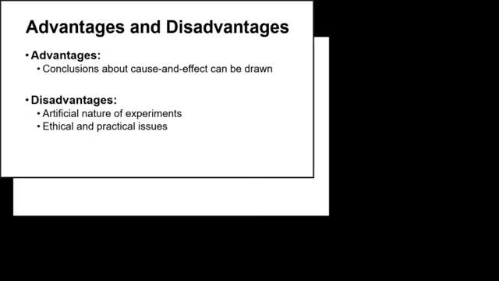There are also some ethical and practical issues with experiments. There are some things that you cannot assign people to, and there are some things that you should not assign people to. So, for example, you cannot assign certain children to grow up malnourished if you want to study the effect of malnourishment on intelligence. You'd be stuck with descriptive studies.